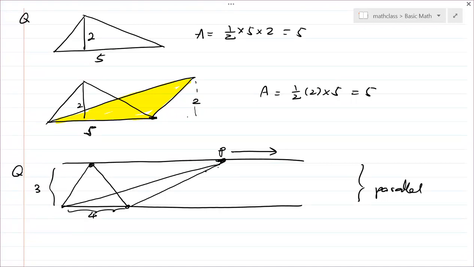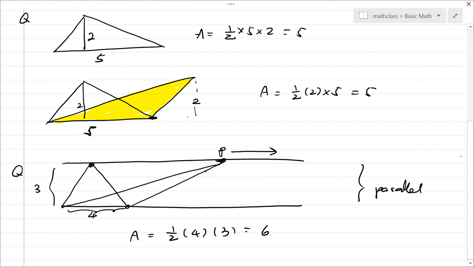But as long as these two lines are parallel, and the distance between the two lines is 3, you're not going to change the area. But what you see is that this triangle becomes longer, and those two sides will almost collapse to one line, okay? But still, the area is going to be half of 4 times 3, which is 6 square units, okay?